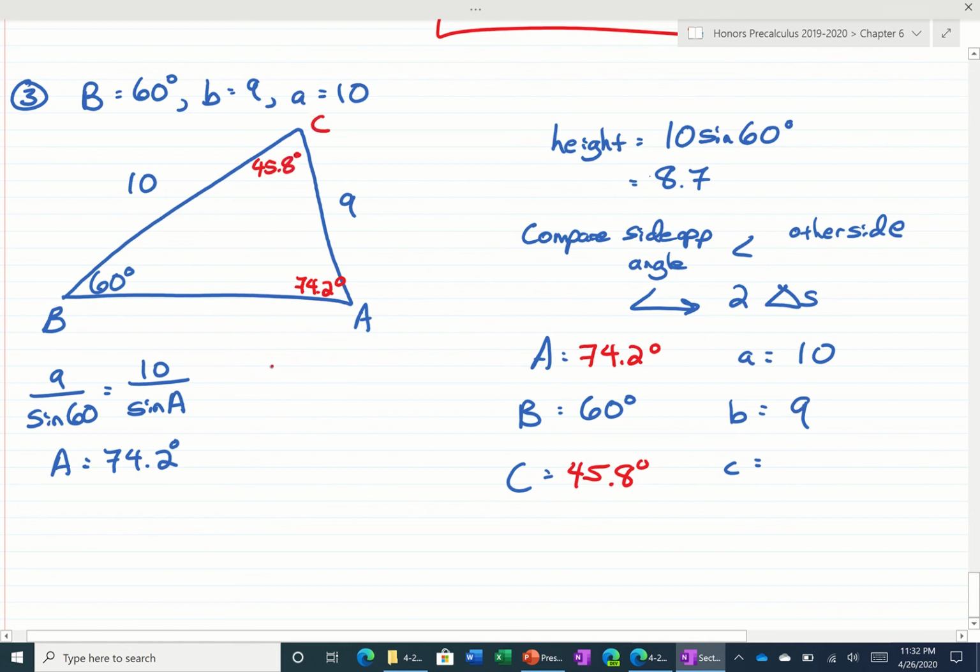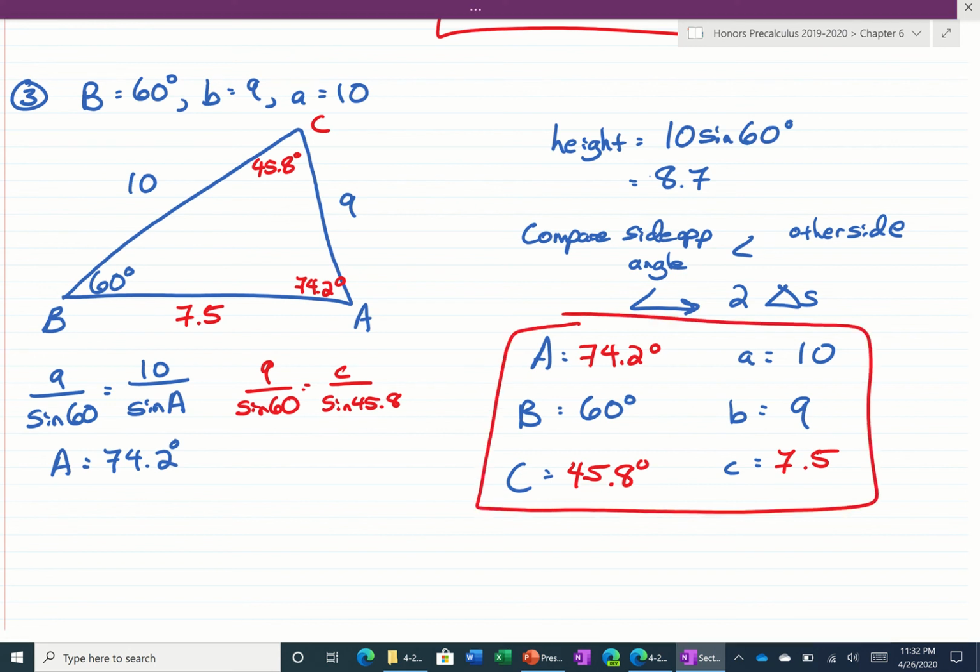To finish it up, we could do 9 over the sine of 60 is equal to side C over the sine of 45.8. And if you cross multiply and divide, you'd get C as 7.5. Alright, so that's your first triangle.